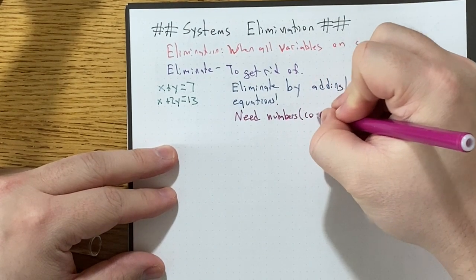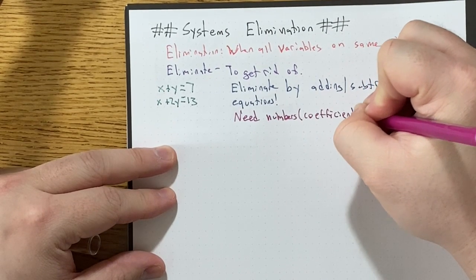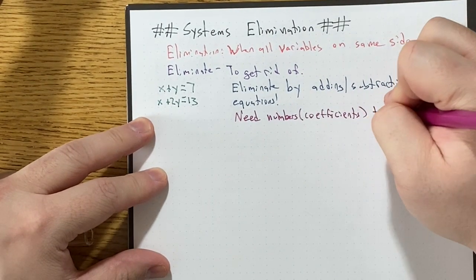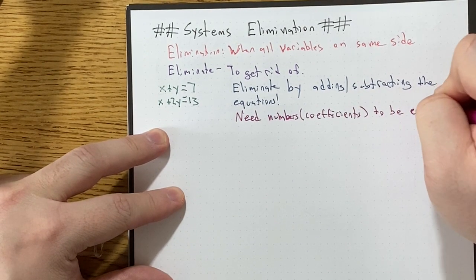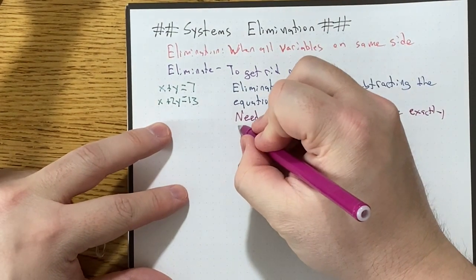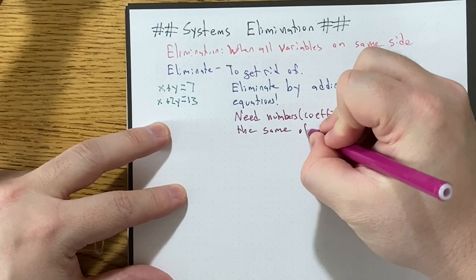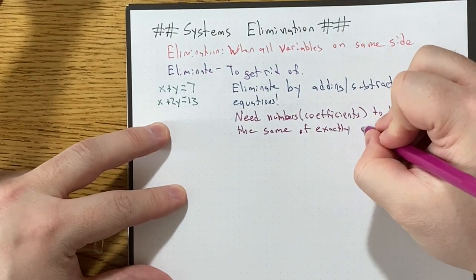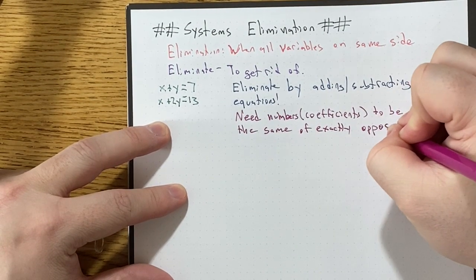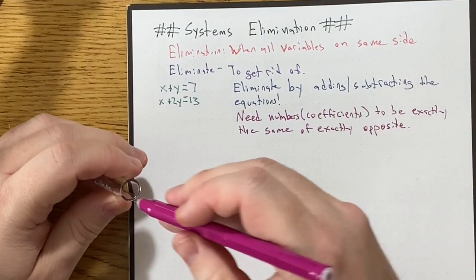Actually, these ones are called the coefficients, just so you know. Exactly the same, or exactly opposite. Right?